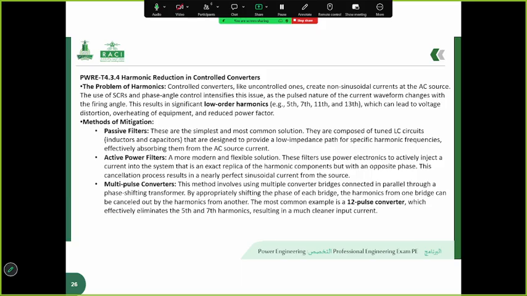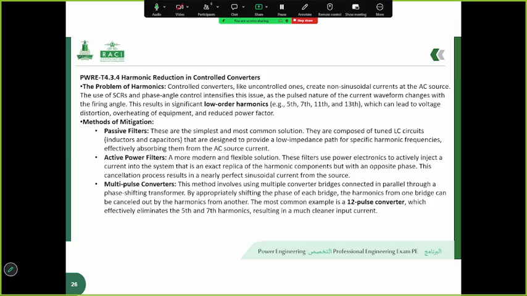So this slide focuses on the crucial topic of harmonics in power electronics, specifically their origin in controlled converters and the various techniques used to mitigate them. Harmonics are a major power quality issue caused by nonlinear loads like power converters. Unlike a simple resistor, these converters don't draw current in a smooth sinusoidal waveform from the AC supply.